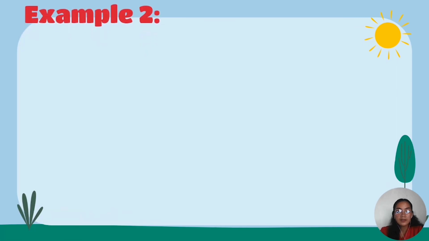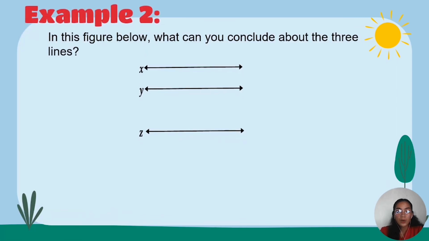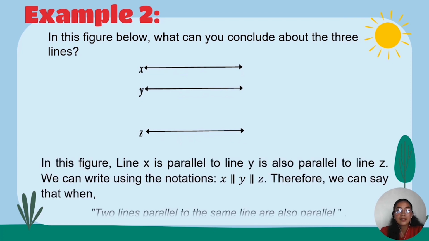Second example, in the figure below, what can you conclude about the three lines? In this figure, line X is parallel to line Y, which is also parallel to line Z. We can write using the notation X ∥ Y ∥ Z. This symbol is used to denote parallel lines.